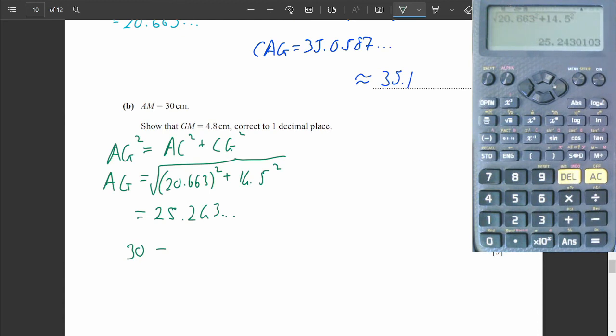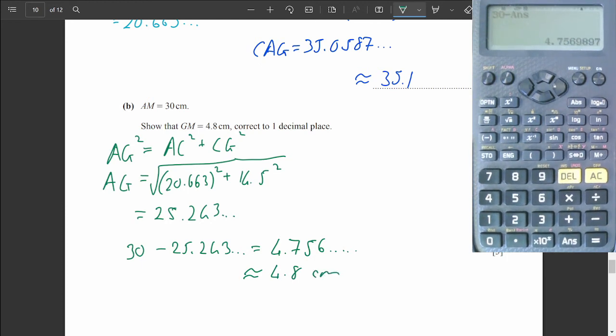So 30 minus 25.243. We can just put 30 minus the previous answer, which gives us 4.756, etc. It's important to show the unrounded answer and then the rounded answer, 4.8 centimeters, to get full marks.